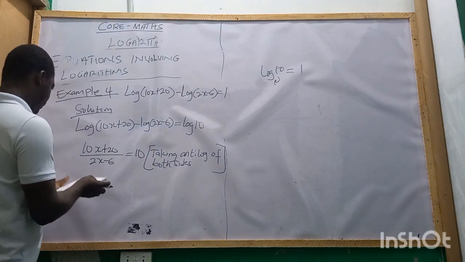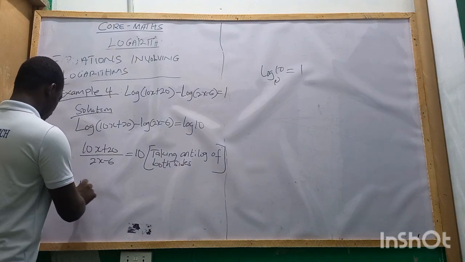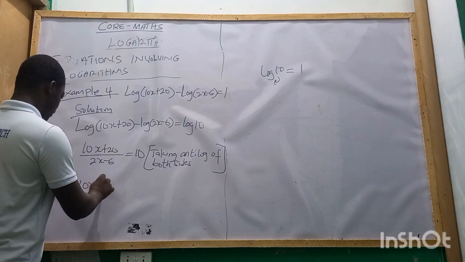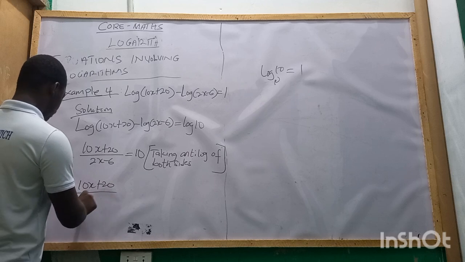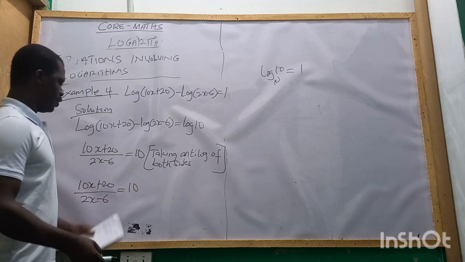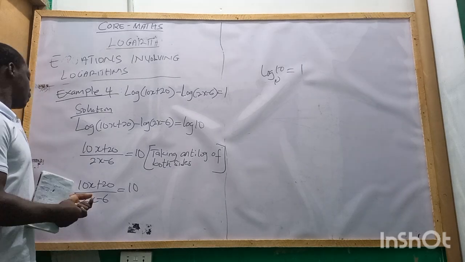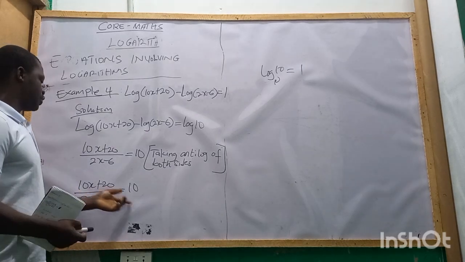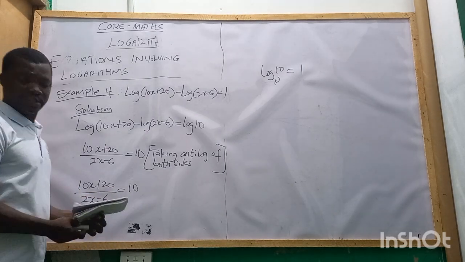So now we have 10x plus 20 all over 2x minus 6 equal to 10. That's very simple. Since it's equal to 10, we do what? Cross multiplication, then we proceed, right?